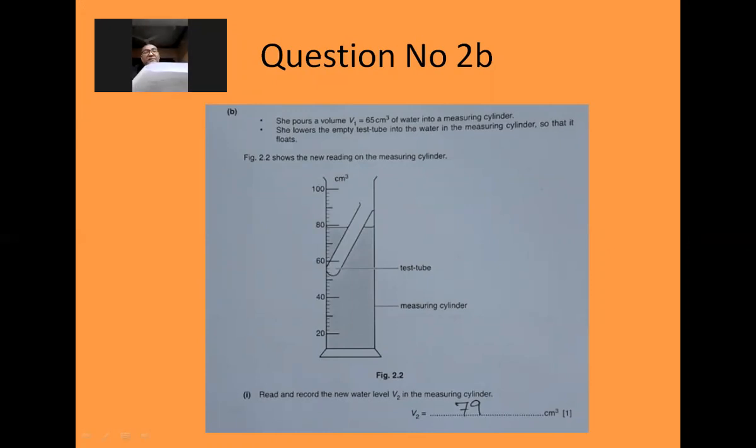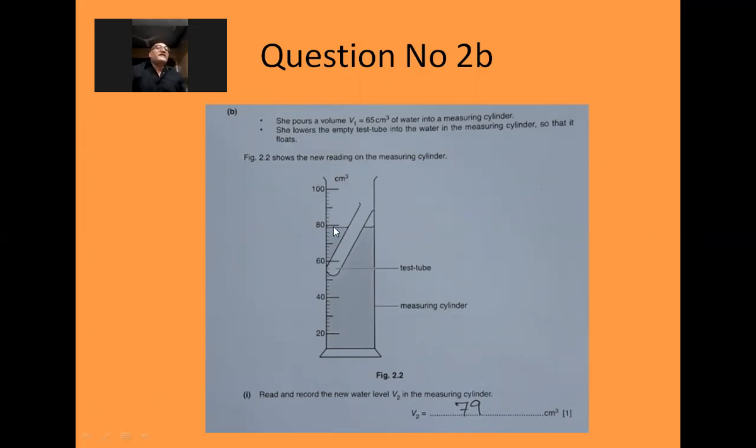Okay, so question number 2, part B. She pours a volume V1 of 65 cubic centimeter of water into a measuring cylinder, and she lowers the empty test tube into the water in the measuring cylinder so that it floats. Figure 2.2 shows the new reading on the measuring cylinder.